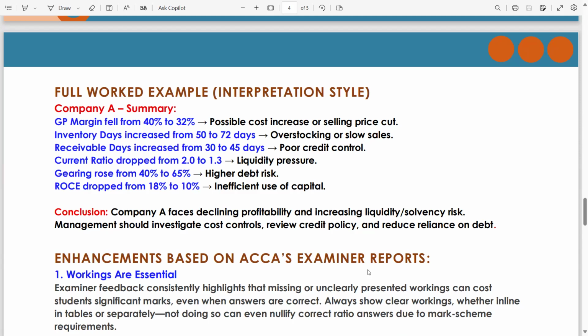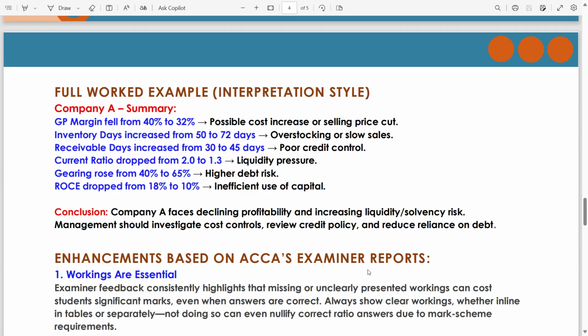First, you have to think how GP margin is calculated. It's sales minus cost of sales. So it means the cost is higher and sales price is lower. That's why gross profit is declining. Possible cost increase or selling price cut means decrease.